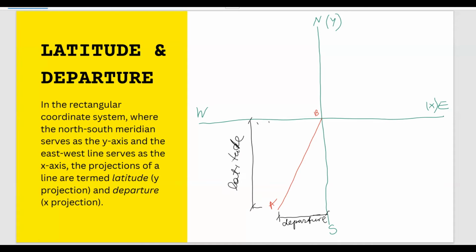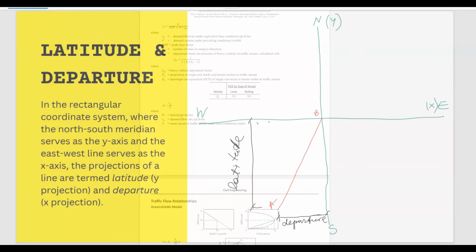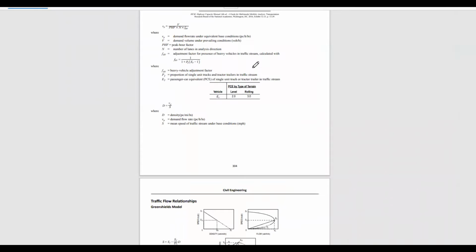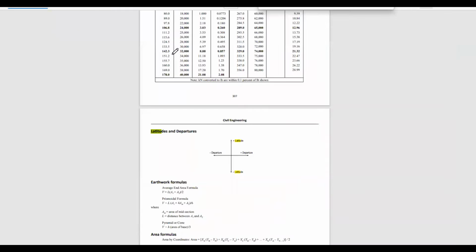Another important thing to mention here, and I'll go to the FE Handbook: in the FE Handbook, we don't have a surveying chapter. Everything that is surveying related is found in the transportation chapter. So you can either go straight to transportation, or just search for latitude.